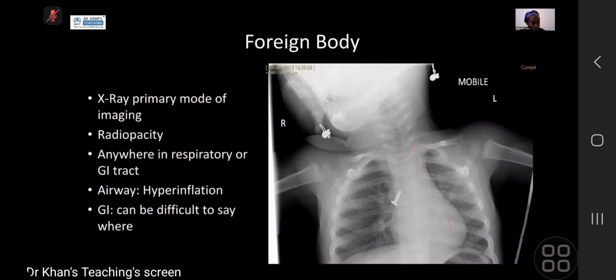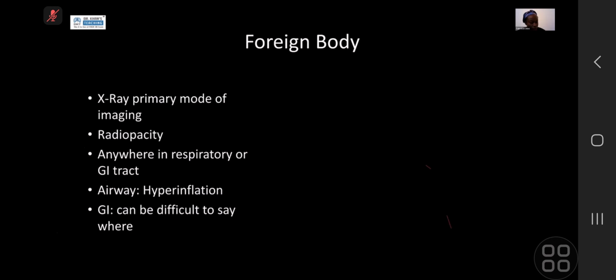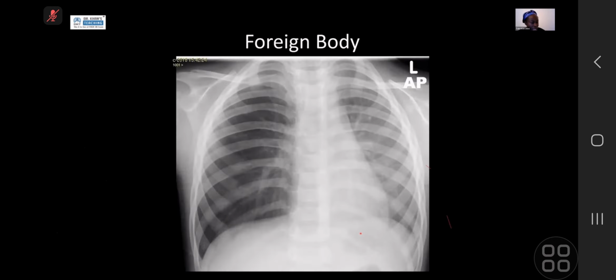This is someone who swallowed a screw, and it's down in their right main bronchus. Features that might suggest there is a foreign body, but you can't actually see it because it's not radiopaque, are, on a chest x-ray, air trapping. So basically what you'll get is a hyperinflated lung or part or lobe of the lung, and that will look more radiolucent than the other lung, because air can go in, but it can't escape, so you've got air trapping within that lung.